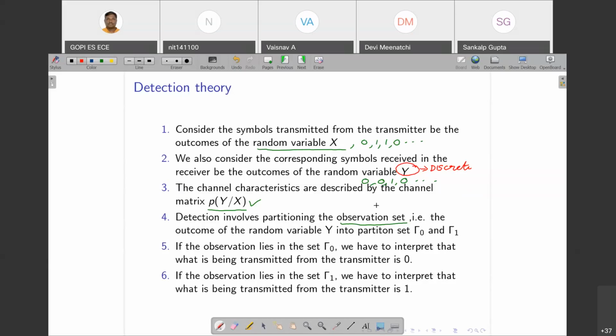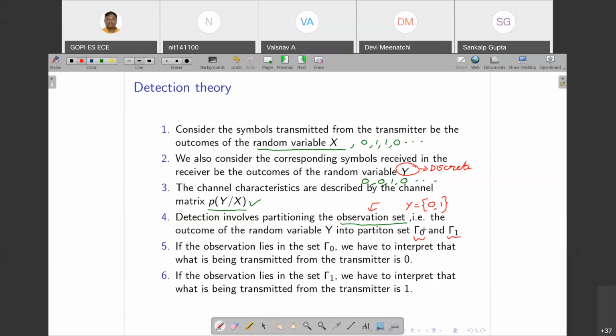So now the idea is you have to do the partitioning of the observation set. For example, in this case the observation set Y has either 1 or 0, the two symbols possible. We do this partitioning and get two partition sets: one is gamma naught, the other is gamma 1.